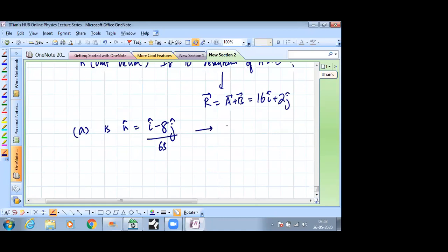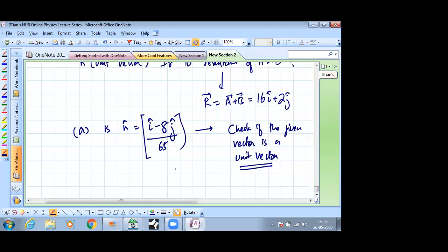So first of all, we have to check if the given vector is a unit vector. It is asking very clearly that I need a unit vector which is perpendicular to this. So this vector, you have to first see is it a unit vector. So just check what is its magnitude.